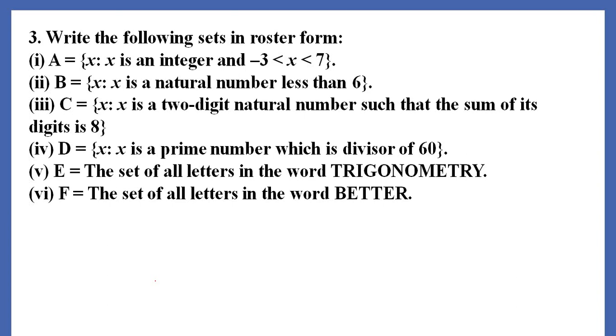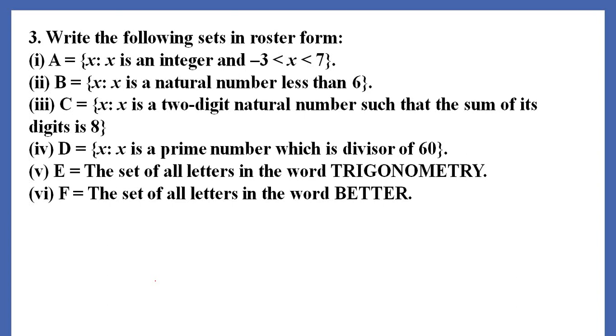Let's start with the first question. In the first question, the set is defined by those elements x where x satisfies this property: x is an integer and x lies between -3 and 7. Here the range is -3 < x < 7. That means -3 is less than x and x is less than 7. Now you know which are integers, right?